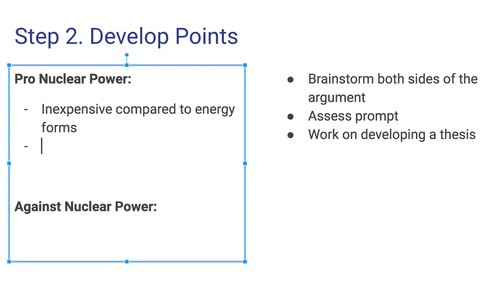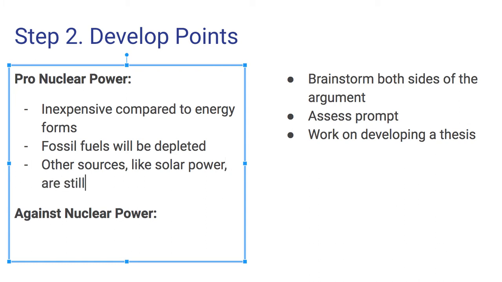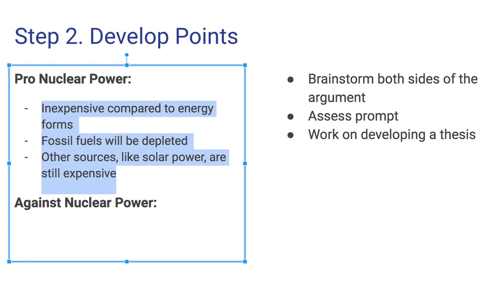A couple other ideas might be that fossil fuels will be depleted because we know that oil is slowly running out. And then maybe solar power or other types of sources are still pretty pricey. Okay, so these are just a couple ideas in terms of why nuclear power could be a really good thing.